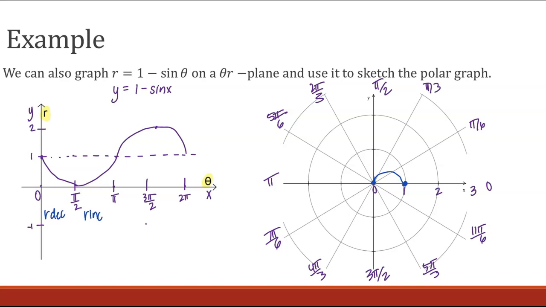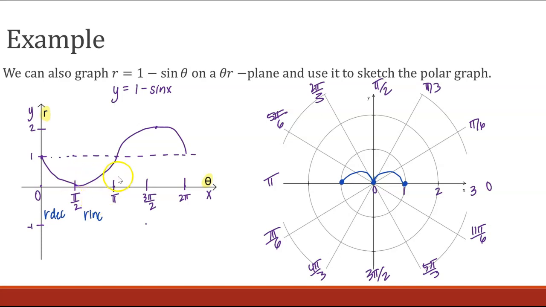So I start at 0, I start at the pole, and then I'm getting bigger and bigger all the way to 1. So that's what's happening to those directed distances. They're getting bigger, which is why we have that symmetrical shape on the other side. So again, I'm going to erase those little lines there.